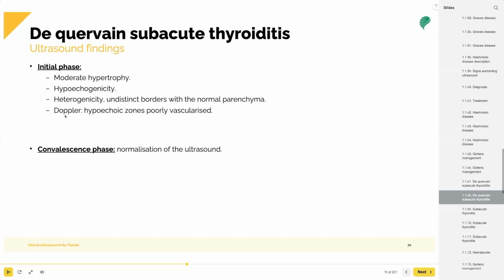The initial phase would be moderate hypertrophy, hypoechogenicity, and usually undistinct borders, and we would see some hypoechoic zones and poorly vascularized areas when utilizing the Doppler.